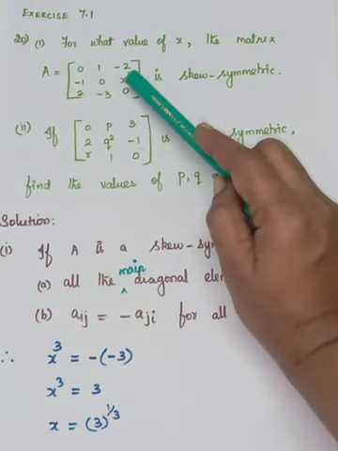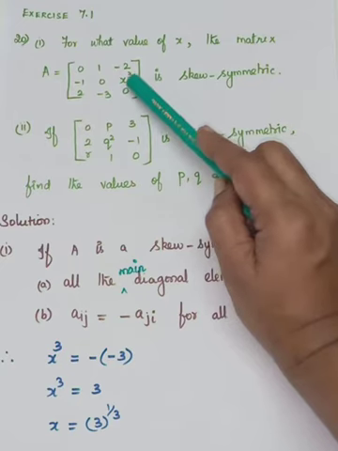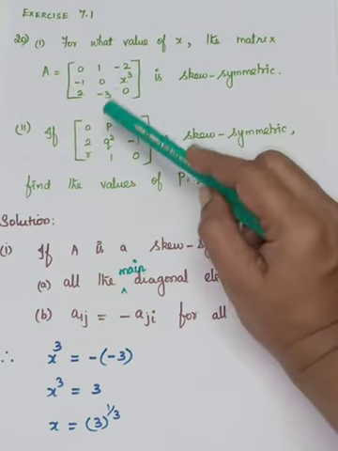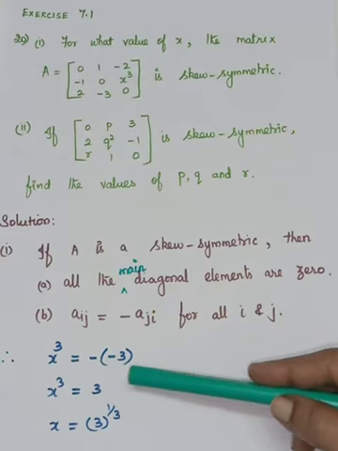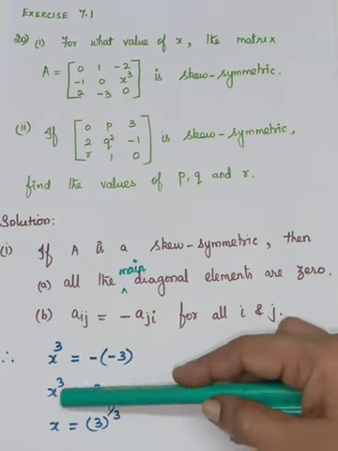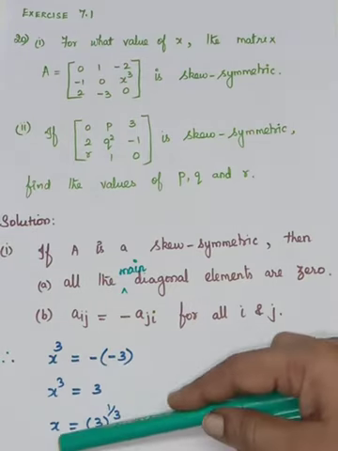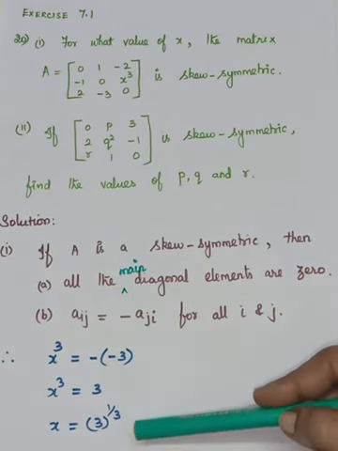So this is A23, which is equal to minus of A32. Therefore, x cube is equal to minus of minus 3. So x cube is equal to 3. You need x, so it is 3 power 1 by 3.